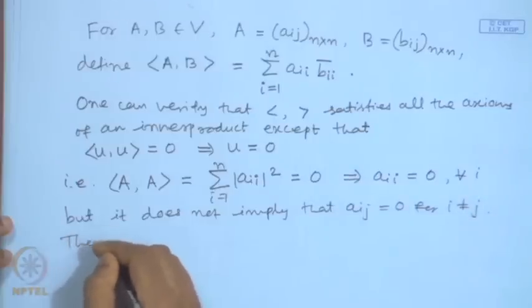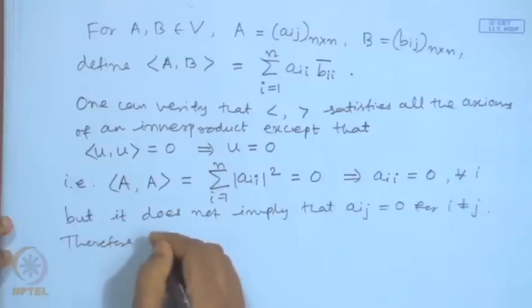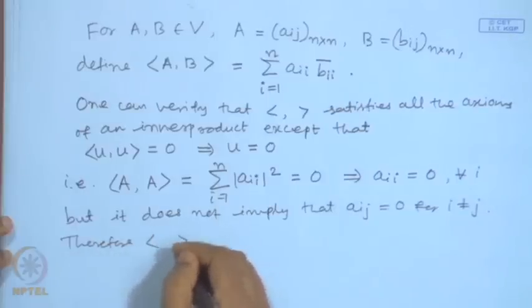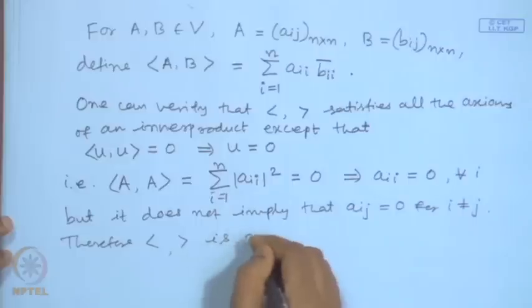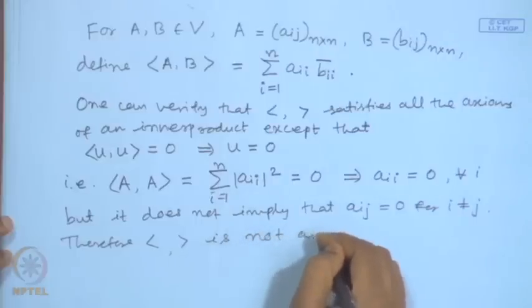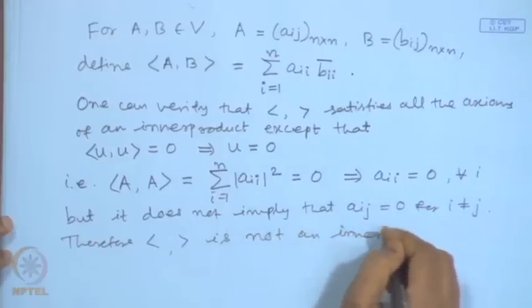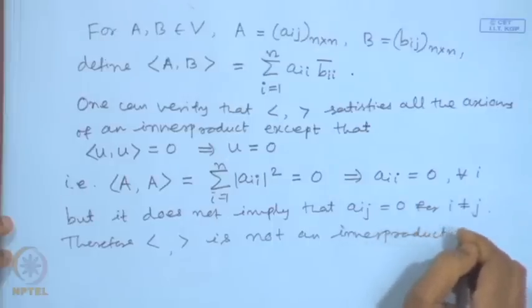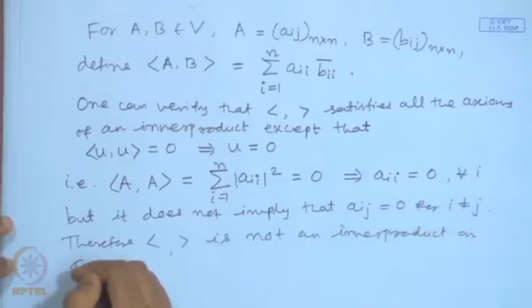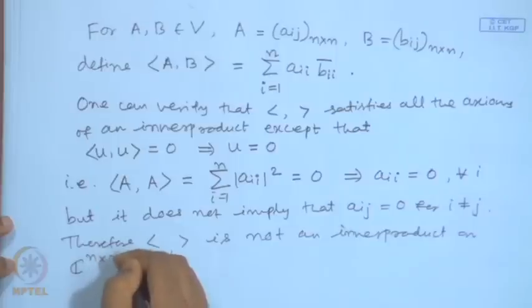Therefore, this mapping we have defined is not an inner product on this set of all n by n complex matrices.